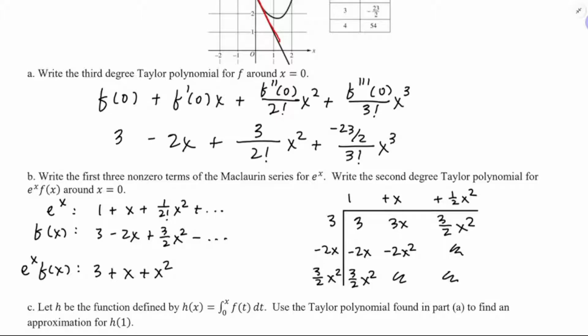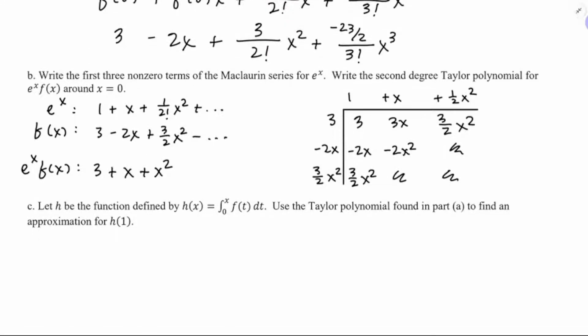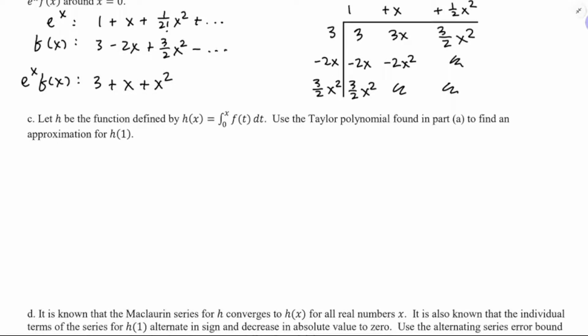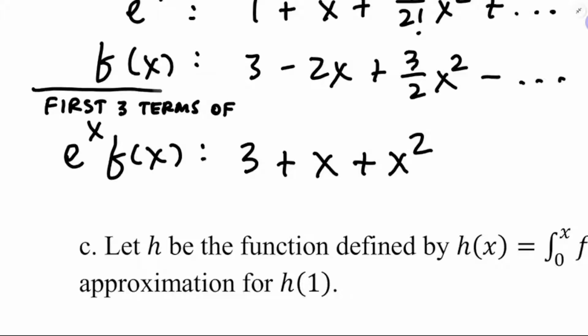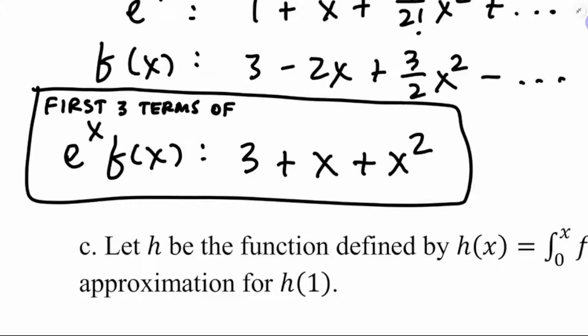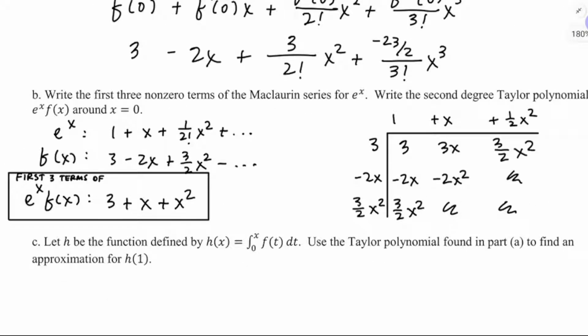And that would be the first three terms of e to the x, f of x, and I mean, if I was going to present this as my answer in the free response section, I might just say first three terms of this, and throw a nice little box around it and just walk away.